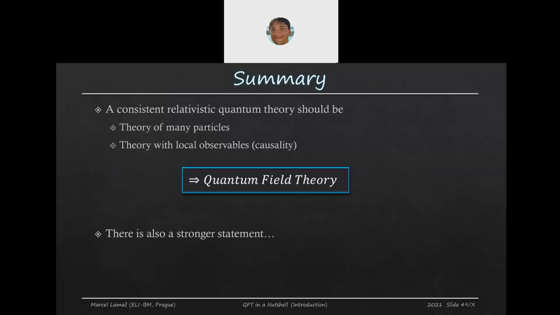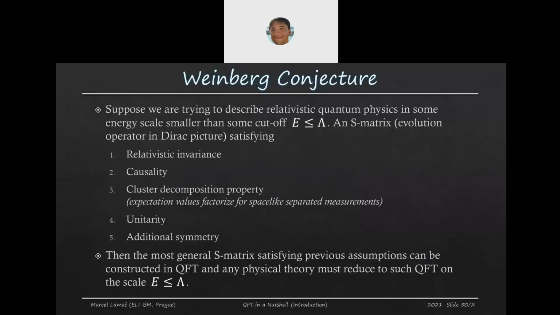So the whole discussion that we had just before seems to lead us to some sort of quantization of field theory. And there is also a stronger statement, but we will go through that very quickly. This is known as the Weinberg conjecture.